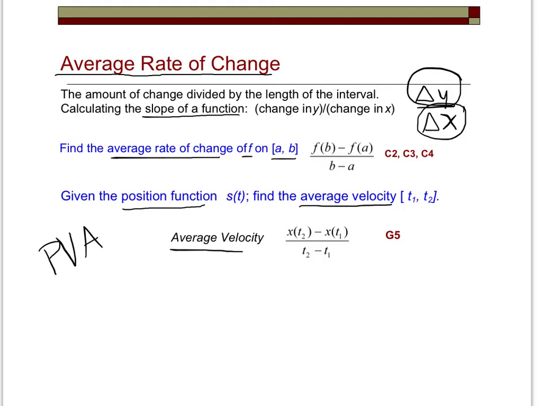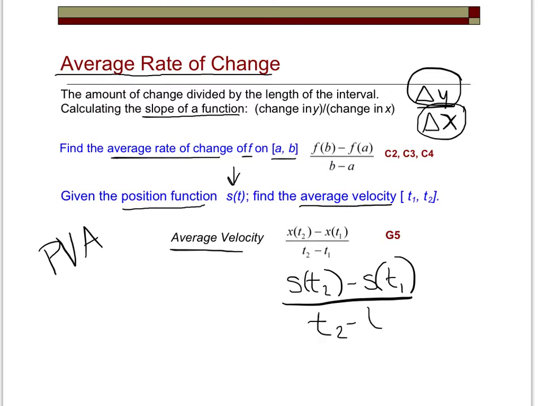But actually, to be completely accurate, shouldn't we use the function s of t? So it would be s of t sub 2 minus s of t sub 1 over t sub 2 minus t sub 1. You can see common notation for position is either the s of t form or the x of t form.